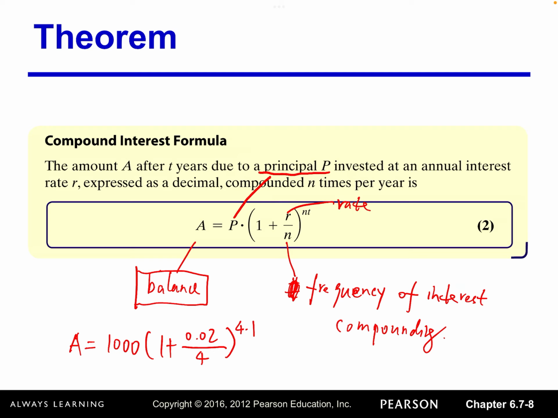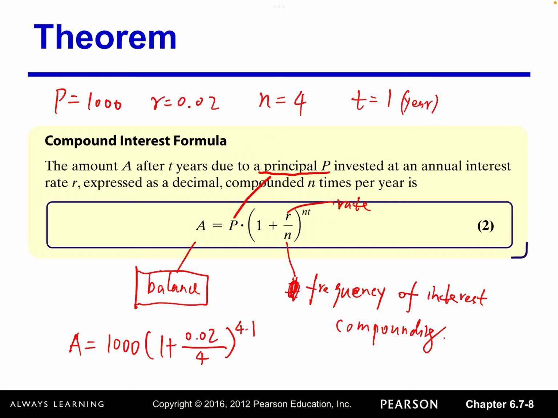Let me write it out in detail. Principal is 1,000, R is 0.02, and N equals 4 because the interest is compounded quarterly. One year has 4 quarters. T equals 1, in units of years.